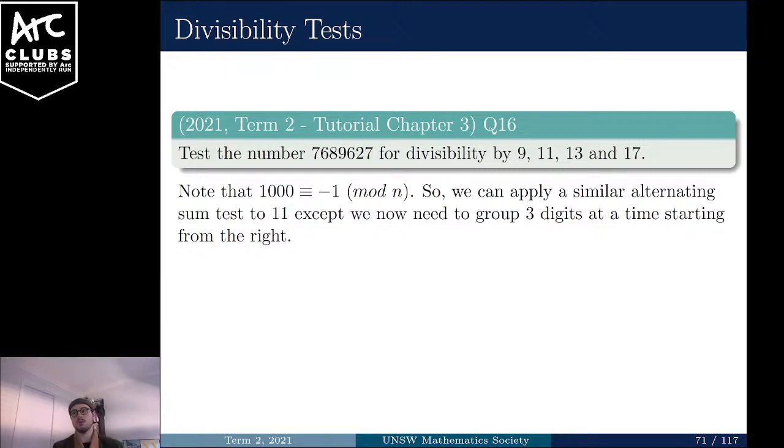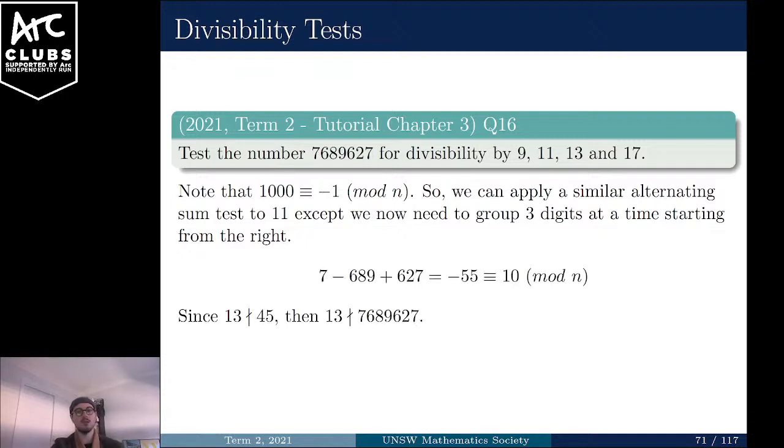Cool. So instead of breaking up each digit and its power of 10, we've got a group of 3 digits and a power of 1,000, and those thousands are going to turn into -1s or +1s, and so we're going to alternate that way. And again, we just got to make sure we're consistent with it.